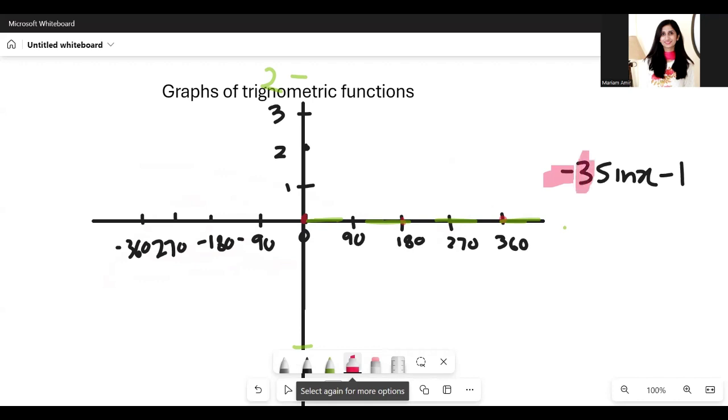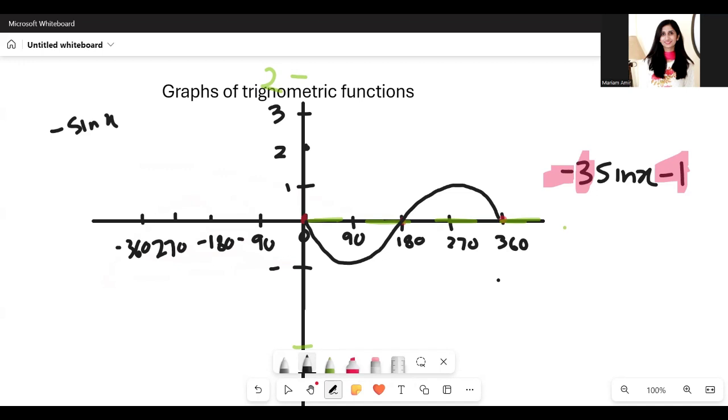It's going to stretch parallel to the y-axis with scale factor 3. And also it's going to go 1 unit down, that is, it's going to translate by (0, -1). So firstly, I'm going to just reflect the graph. I'm just doing minus sine x first. So then it's going to look like this.